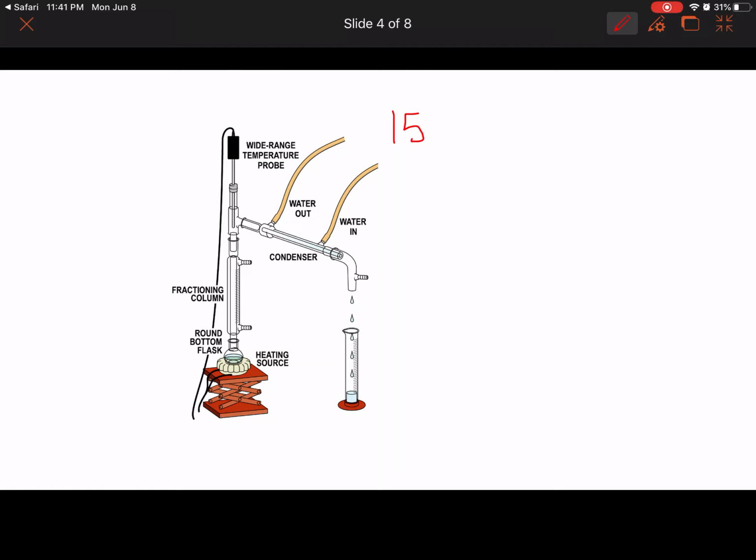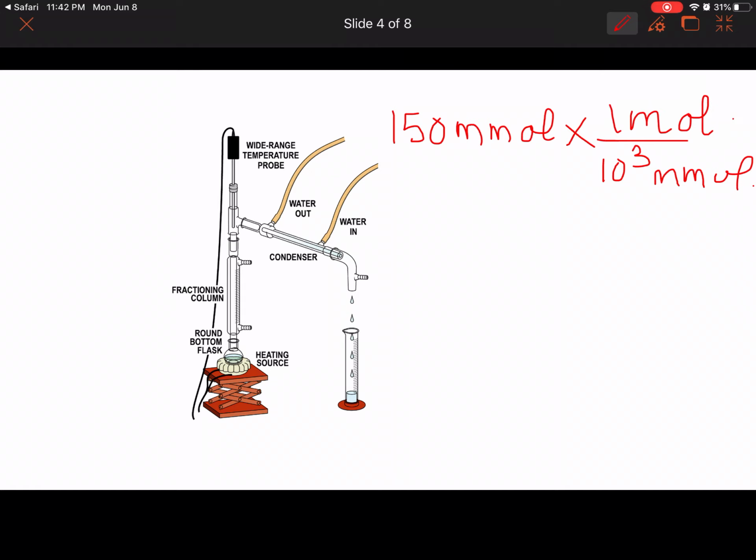If you start with 150 millimoles, you can convert it to moles. 1000 millimoles (10 to the power 3) equals 1 mole. So basically 150 times 10 to the negative 3 moles.